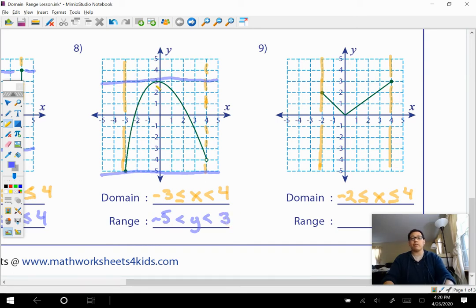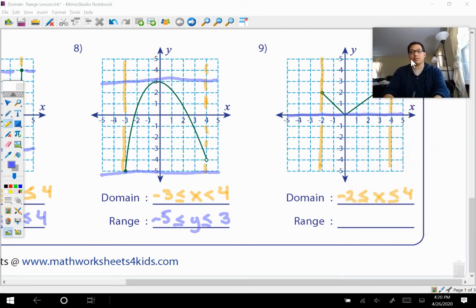Does it touch both of them? Yes, it does. So I'm going to close this. Close both sides. How about this one? This check mark shows that we're finished with this. Well, the lowest value is here. What's the y value on this x-axis again? Oh, the y value is... I'm going to have to move myself again. Move myself up here for now.